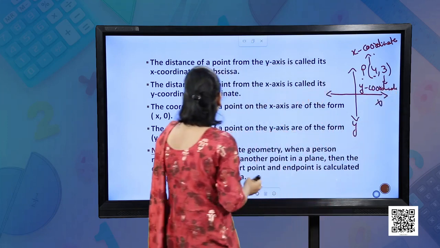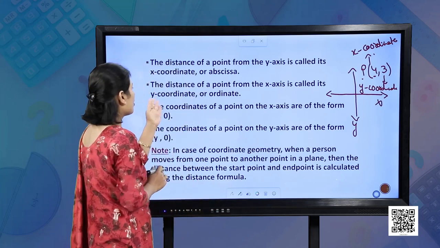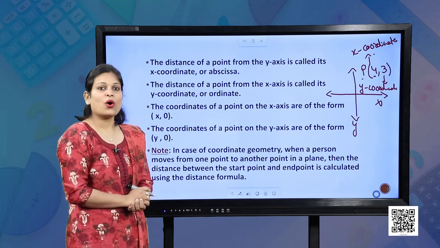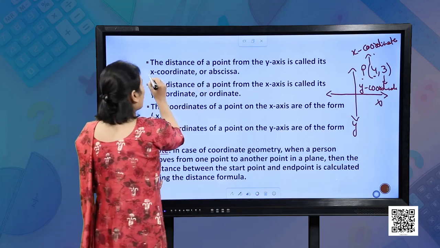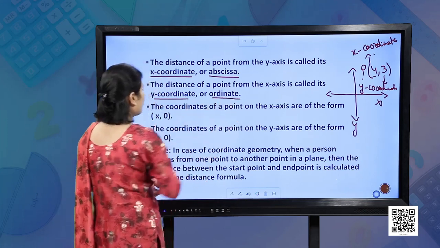And what is the y coordinate? The distance of a point from the x-axis is called the y coordinate or ordinate. The x coordinate is also called abscissa and the y coordinate is called ordinate.